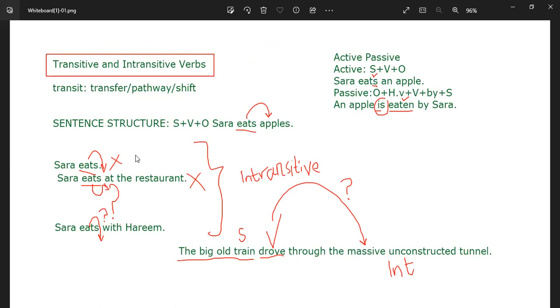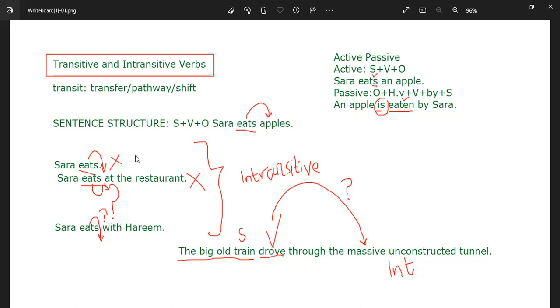Now, transitive verbs and intransitive verbs, before doing them, the first thing that we need to do is to understand the meaning of the word transit. The word transit is the pathway or the shift or the transfer between two things. So when a verb is transiting something, it means that it is shifting itself onto something, it is projecting itself onto something.